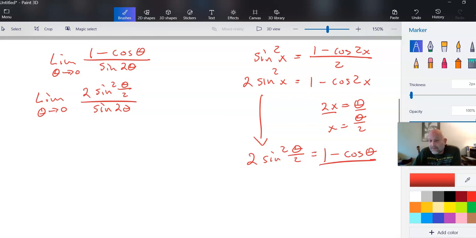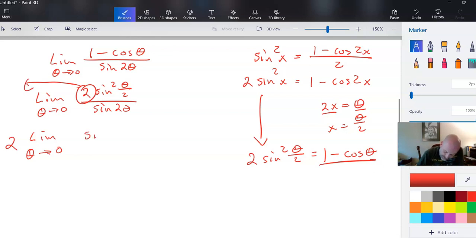Now, if you think about the results that we do have, something that has a sine over a sine, sine ax over sine bx, when I take that limit as x goes to 0, I get a over b. So if we split up this square, I can rewrite it this way. In fact, I'm going to put the 2 out in front because we don't have to think about it until the end.